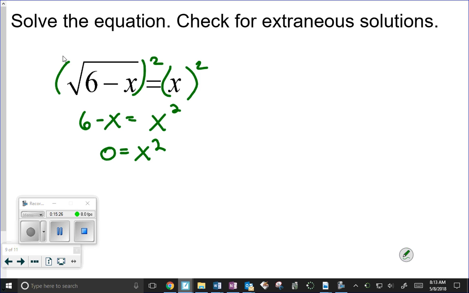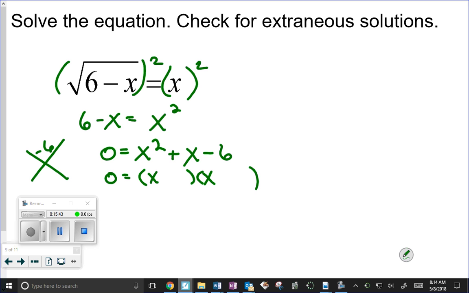I'm going to bring this x over, which would be a positive x, and this over, which would be a negative 6. And it's a trinomial with no leading coefficient. I bet I can find factors of negative 6 that add up to 1. I told you that this would never go away.